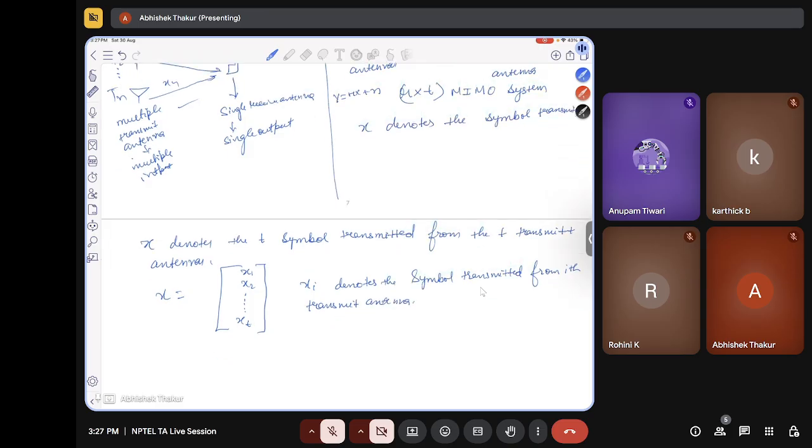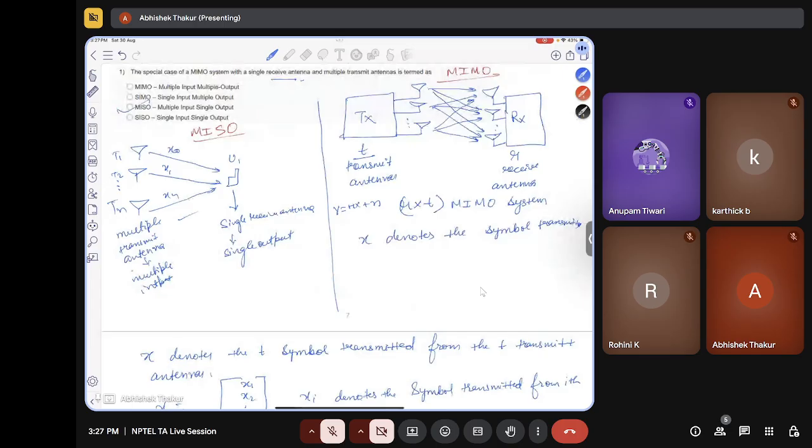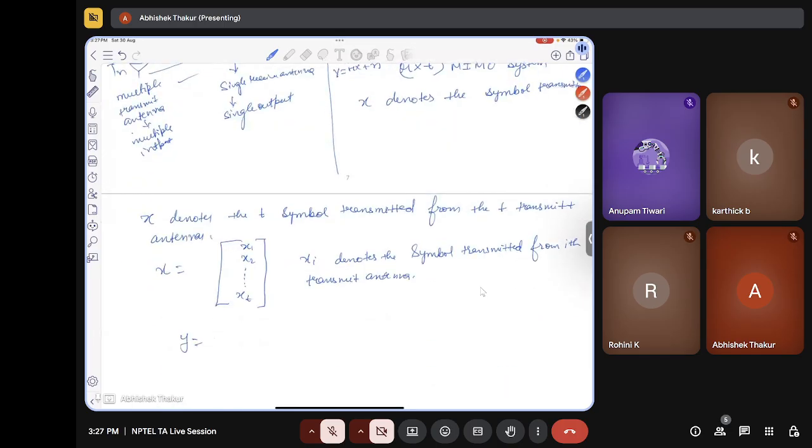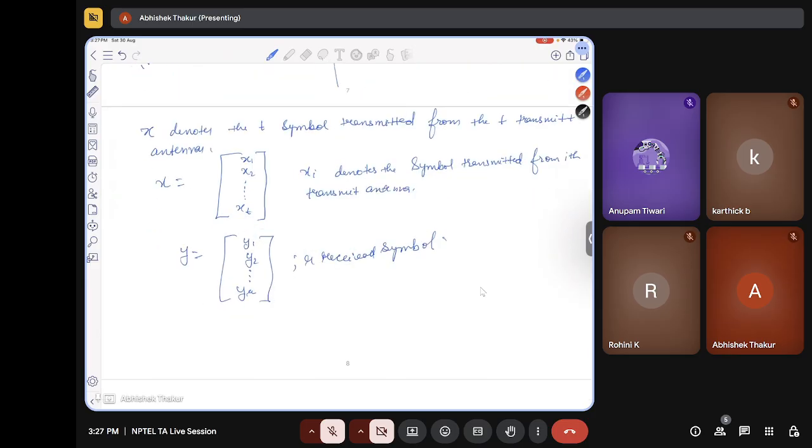Now coming to the receiver end, there are R receivers. So Y we can denote as Y1, Y2, to YR, the R received symbols, and Yi denotes the symbol received by the ith receive antenna.